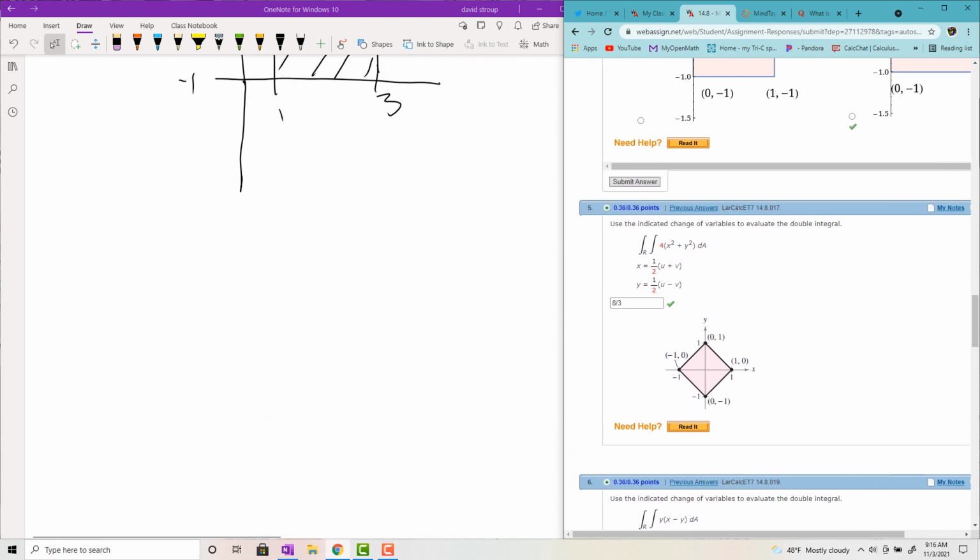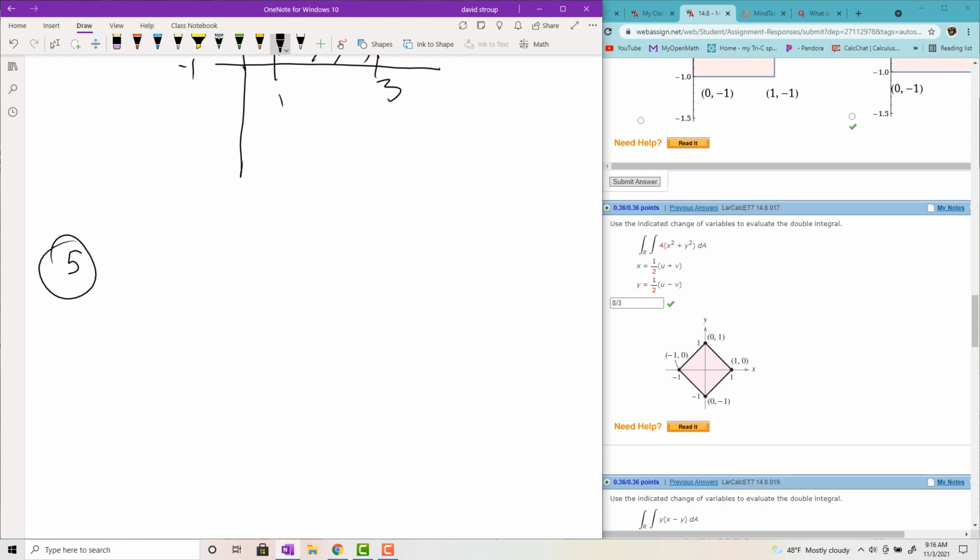Finally, number 5, we're tasked with actually doing one of these integrals. So we want to figure out the integral over this region R of 4 times x squared plus y squared dA. And they give you the substitutions.